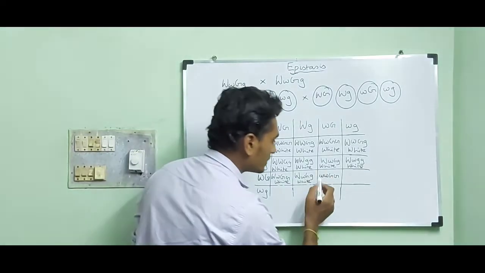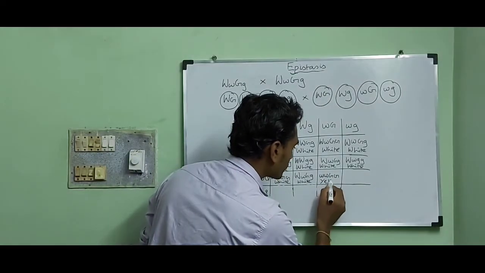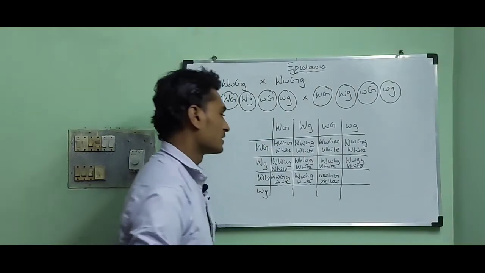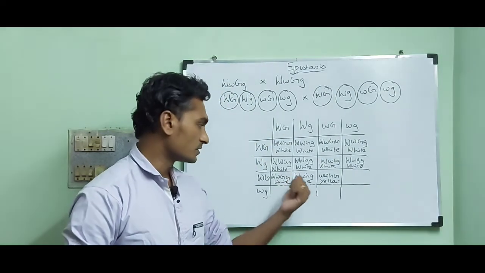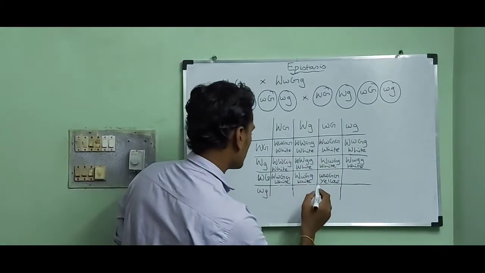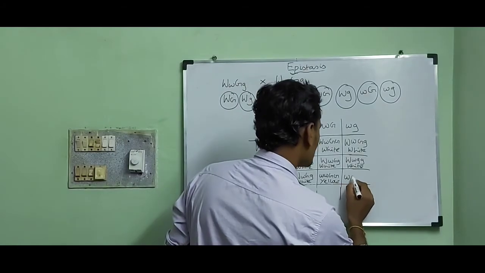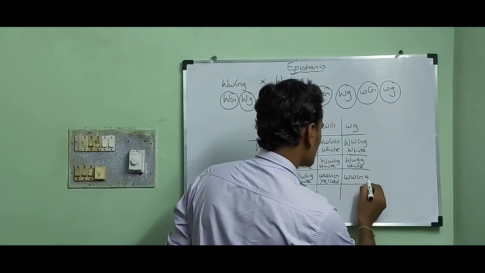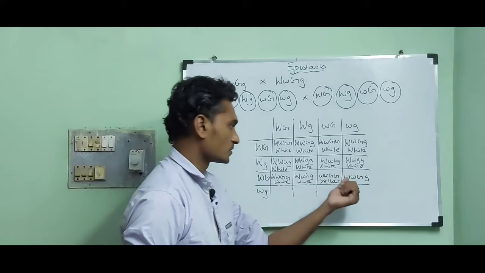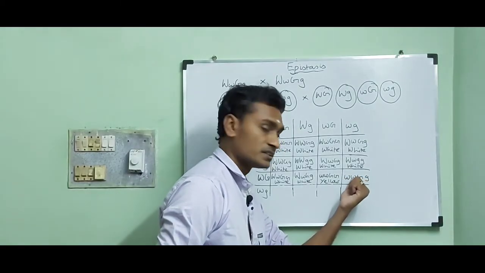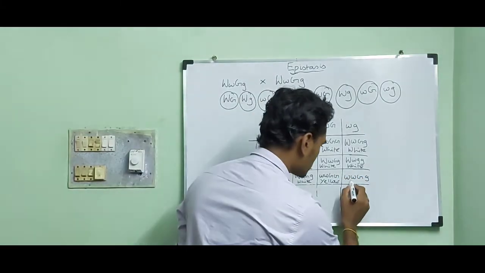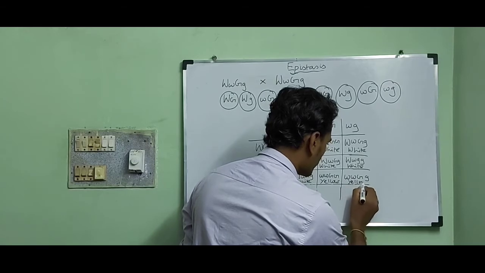That is why it exhibits yellow color. So the fruit color will be yellow. Then small w, capital G, small g. So here also the hypostatic dominant allele is present, so the fruit color will be yellow.